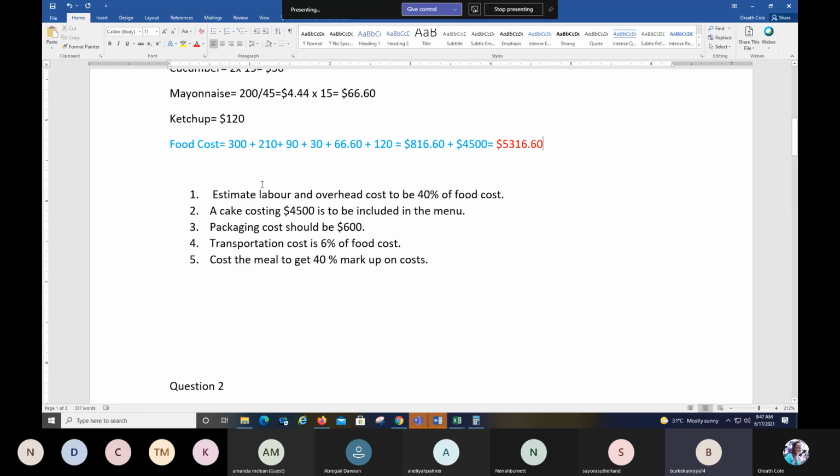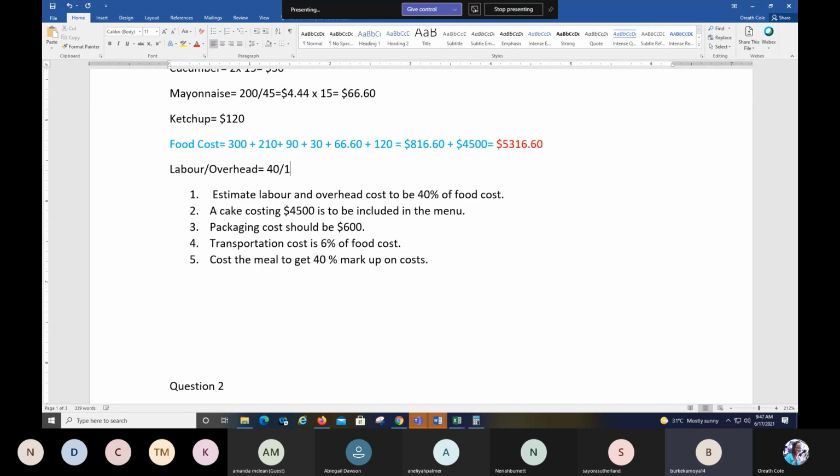It says first, estimate the labor and overhead to be 40% of food cost. So our labor and overhead is 40%. Remember, 40% is out of what? 100. 40 divided by 100.